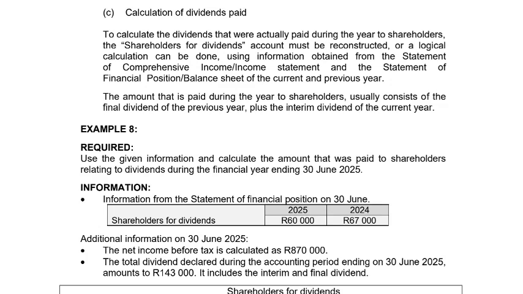Additional information on 30 June 2025. The net income before tax is calculated as 870,000 Rand. The total dividend declared during the accounting period ending on 30 June 2025 amounts to 143,000 Rand. It includes the interim and the final dividends.